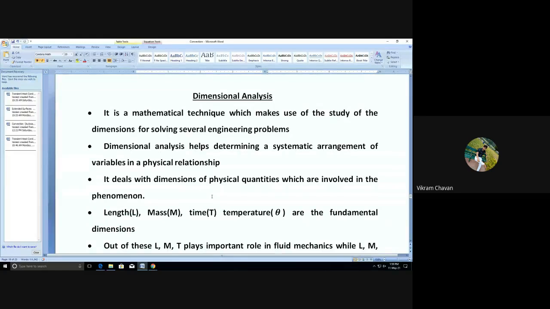That relationship we can determine by using model testing. If you manufacture that machine on a large scale, we cannot do trial and error for fluid machinery like the Francis turbine and Kaplan turbine, because these machines are very large and a lot of money is required to manufacture them. So at the initial stage we have to perform model testing, and for that reason also dimensional analysis is useful. Okay, so write down dimensional analysis.